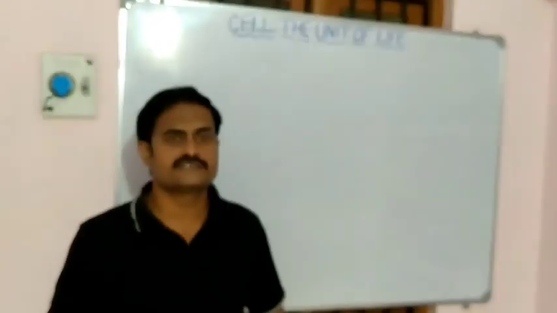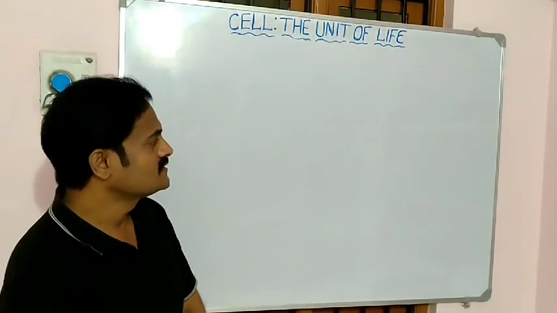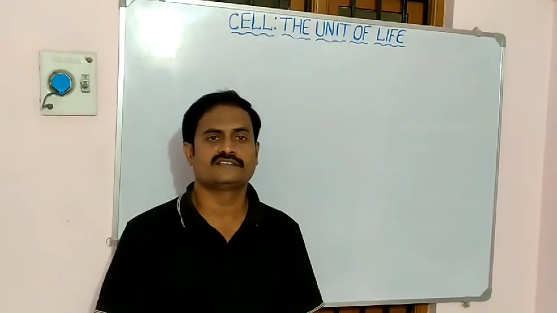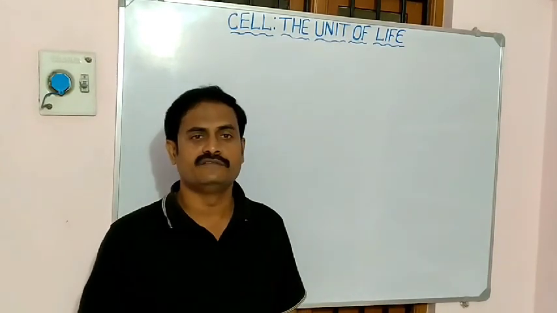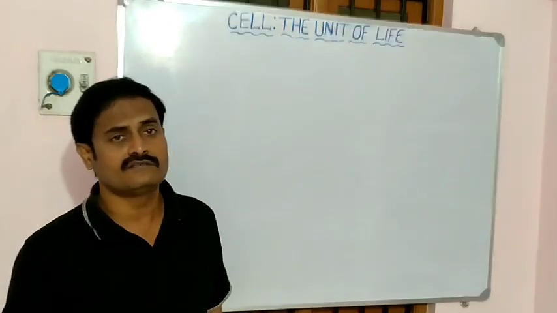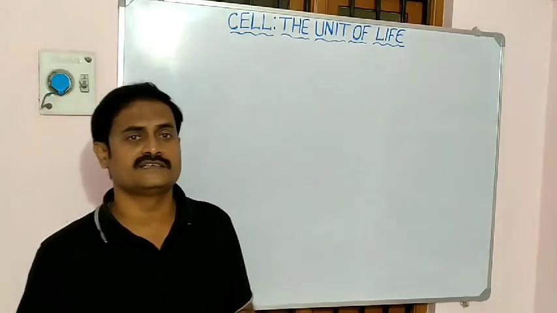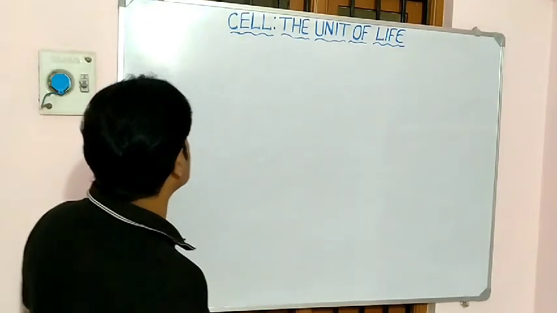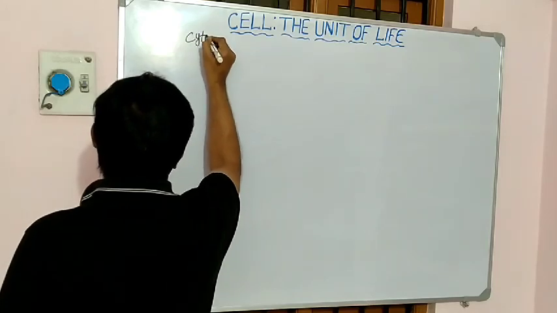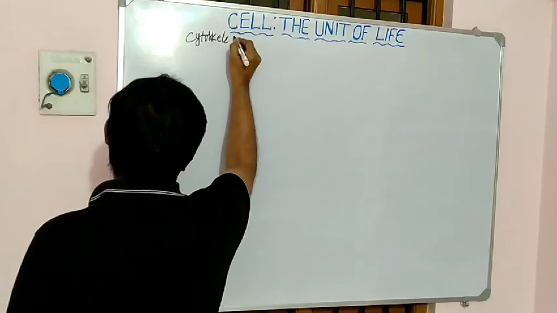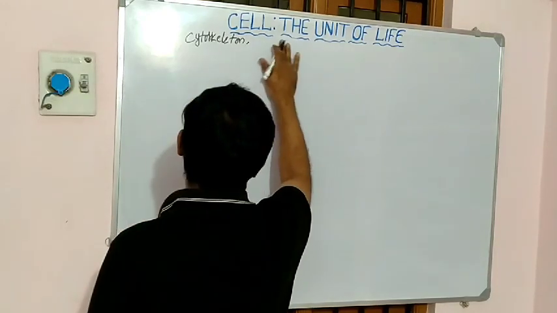Okay, good evening students. Now I am going to discuss the last important cell organelle in the cell. Almost all cell organelles I discussed in previous classes. The final one of this chapter is called cytoskeleton, as well as some other organelles also.